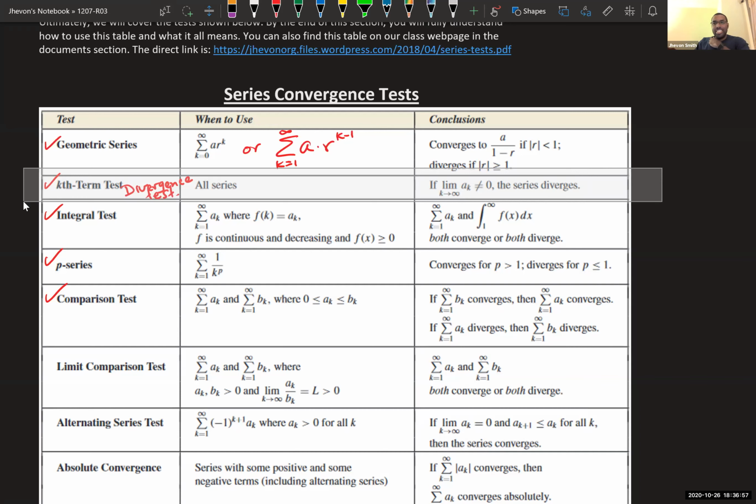Every other test is going to tell you it diverges or be inconclusive when you didn't even have to go through any other test. Test for divergence. Remember, the limit has to approach 0 to have a chance of converging. It doesn't guarantee it will converge, but if it doesn't go to 0, then it definitely diverges.